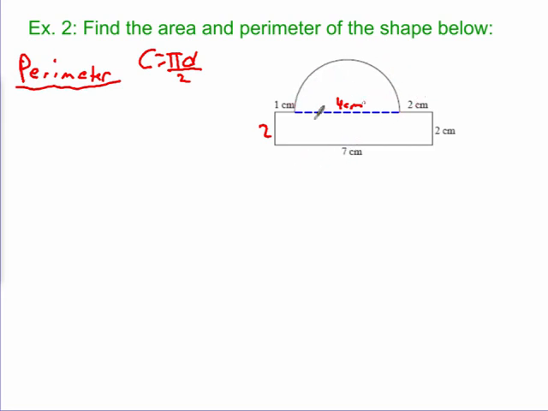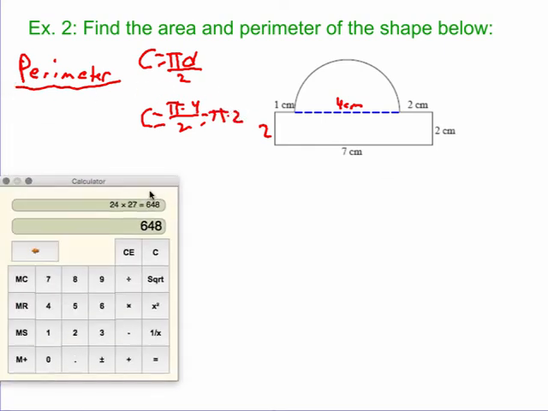So to find this curve, I just do pi times 4 divided by 2. 4 divided by 2 is just 2, so that's just pi times 2.